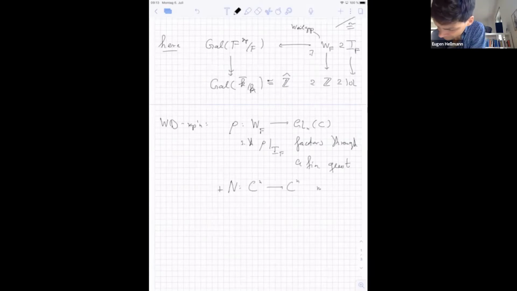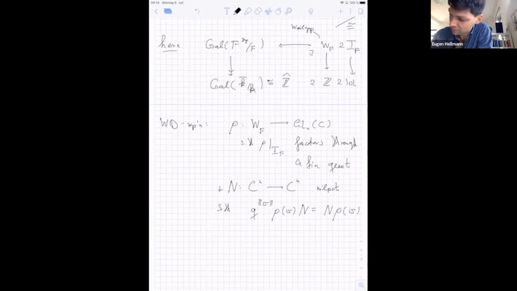Well, it's an endomorphism which automatically is forced to be nilpotent by the condition that q to the absolute value of some element w of the Weil group times rho(w) composed with N is the same thing as N composed with rho(w), where this absolute value is precisely the map up here.